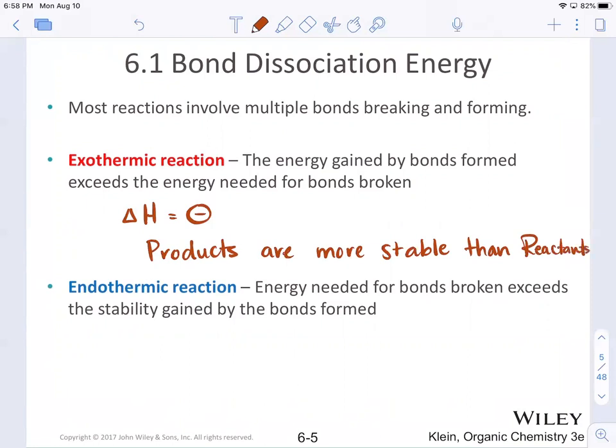The bond dissociation energy of the products is going to be greater. So again, the higher the bond dissociation energy, the harder it is to break those bonds, which means that the molecules themselves are more stable. If your delta H is positive, that is an endothermic reaction, which means that the products are less stable than the reactants.